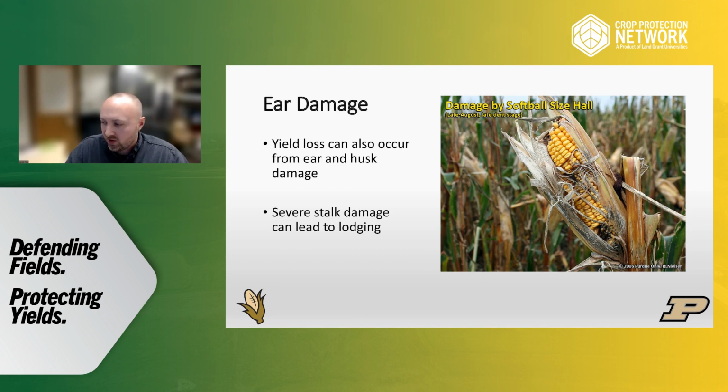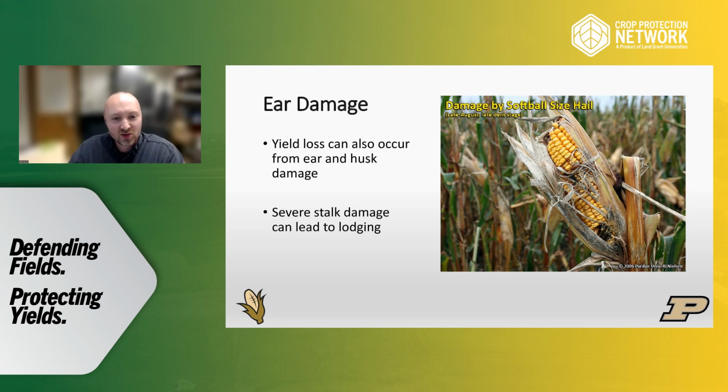Another aspect of potential yield loss to watch for in late season hail damage is ear damage. If we have severe, large hail, it can impact yield through direct damage to the ear. You can see from this picture that about softball size hail in this field caused pretty severe damage to those ears.